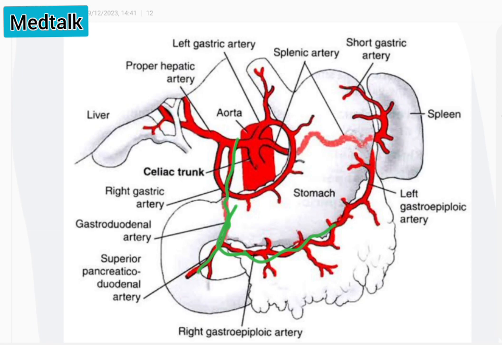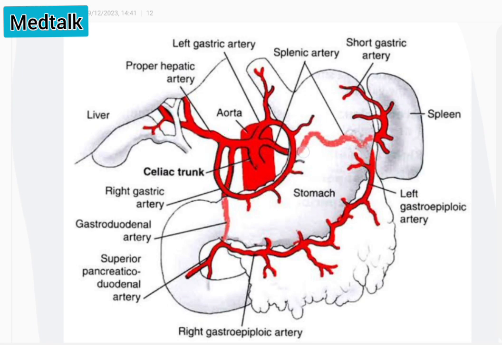Okay, then this common hepatic artery continues as the proper hepatic artery, and this proper hepatic artery gives one branch, that is the right gastric artery. This right gastric artery anastomoses with the left gastric artery at the lesser curvature of the stomach.